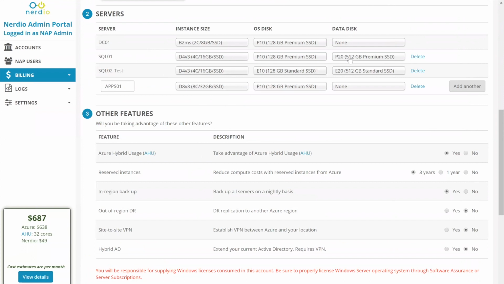If you recall, I think for every 500 gigabytes of storage that server has, you pay $10. So in this case, DC01 will be $10, or maybe the first 512 is $5, whatever it is. There's a license fee there. But for example, SQL01 has more than 512, so you're going to pay $20 for this SQL01.